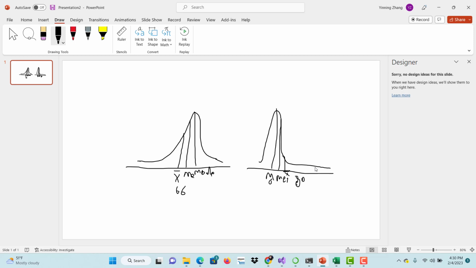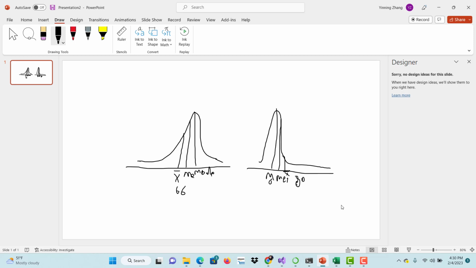Only a few students' scores are very high, so it drags the mean over to the right side. So if this is the performance for the whole class, this is not very healthy actually, because most of the students' scores are under the mean value.